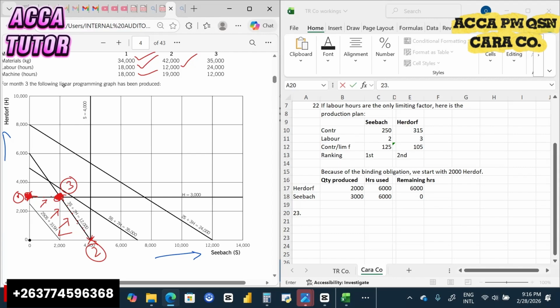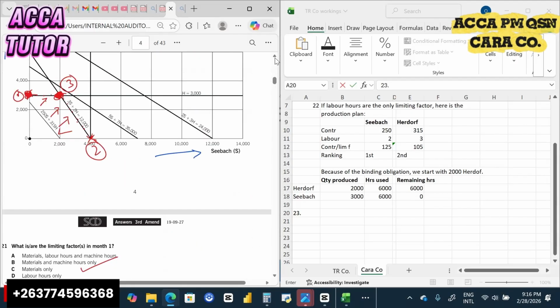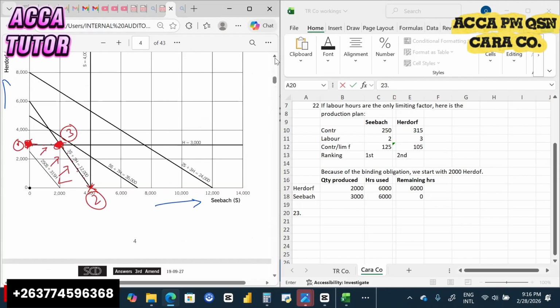Yes, sir. Good. So in the exam, the question is saying, give us the maximum profit which could be earned in month 3. What is the maximum profit which can be earned in month 3? We first have to find the total contribution, and then we deduct our fixed costs.